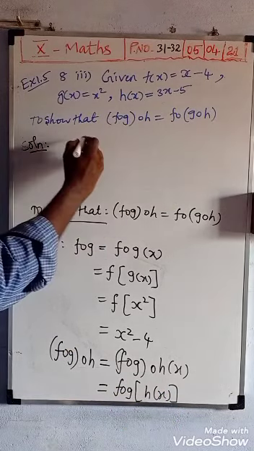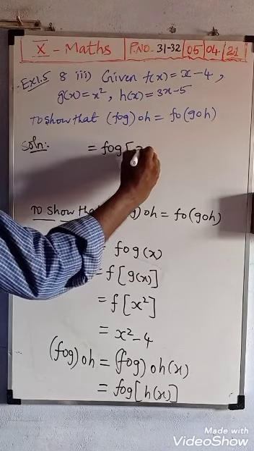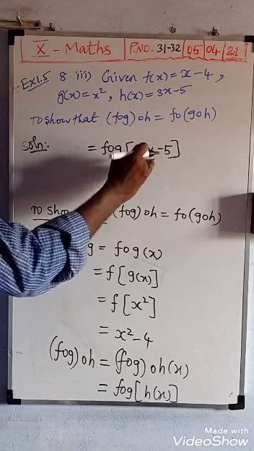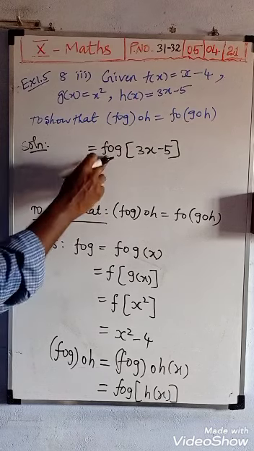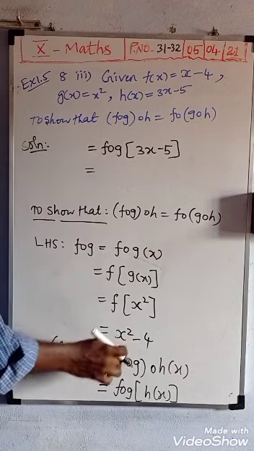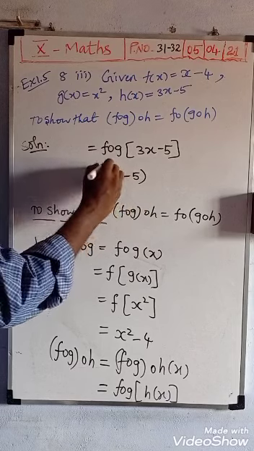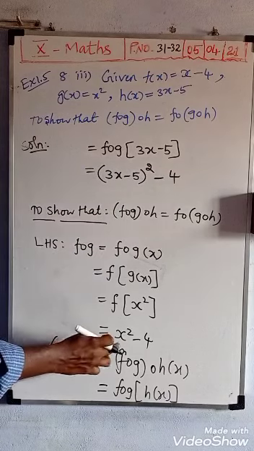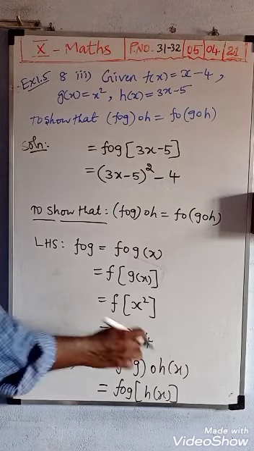It is 3x minus 5. Now, where do we want to substitute 3x minus 5? In the function f composition g, which is x squared minus 4. So instead of x, you substitute 3x minus 5: (3x minus 5) the whole squared minus 4.